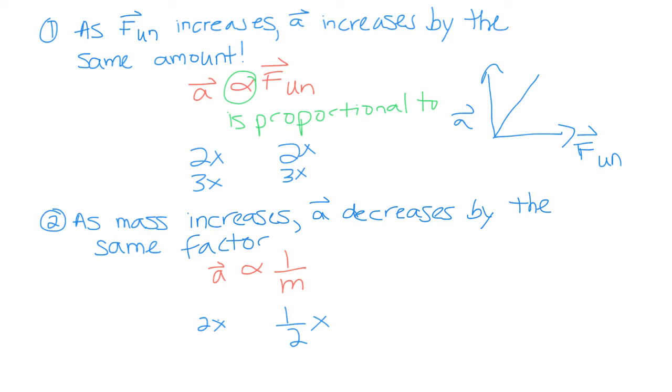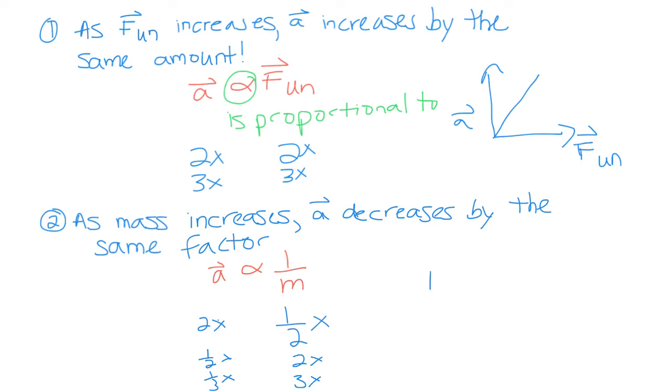But what actually would happen is we would change our mass. So if mass is 1/2, acceleration is doubled. And vice versa, if I doubled mass, acceleration would be 1/2. If I tripled mass, acceleration would be 1/3. So whatever is happening to one variable, the inverse happens to the other.